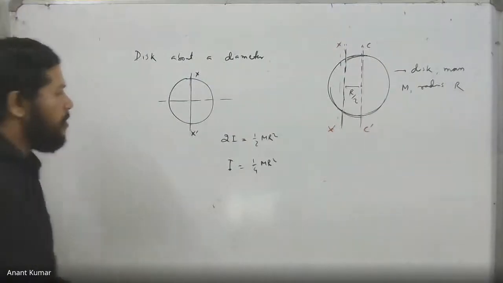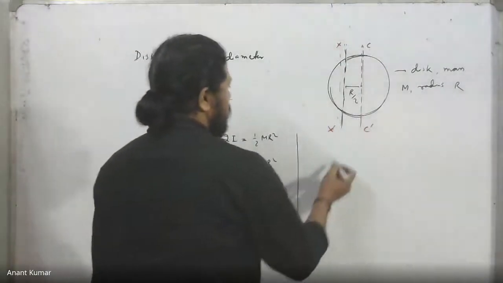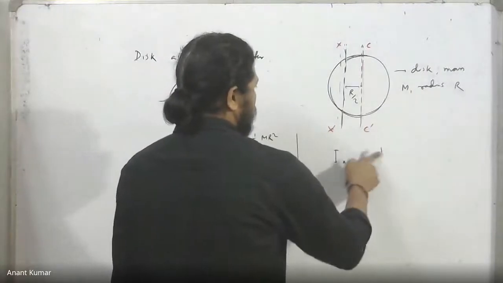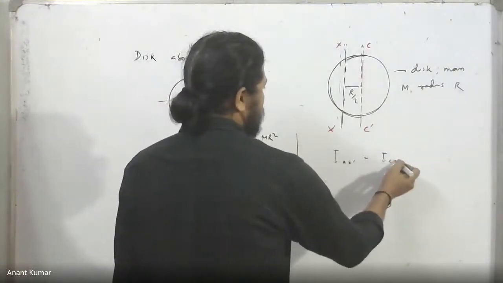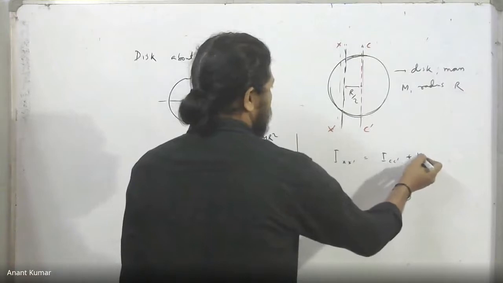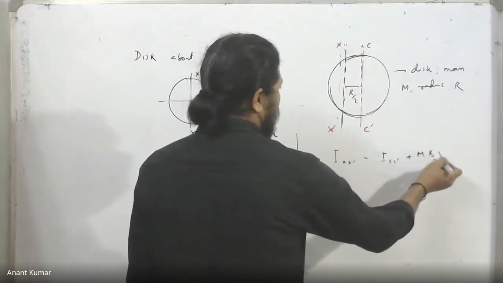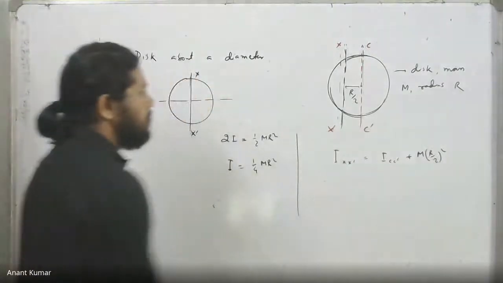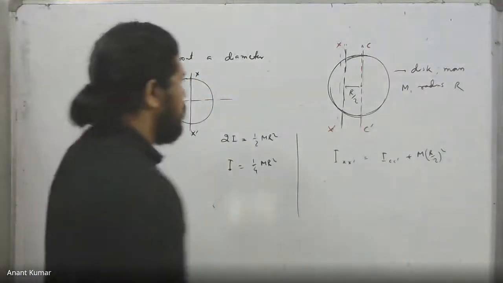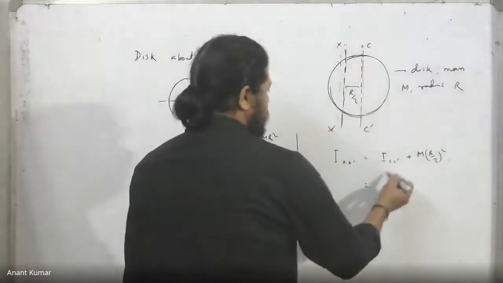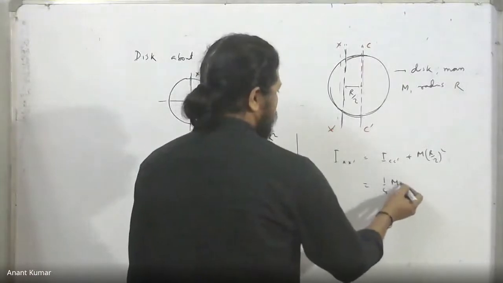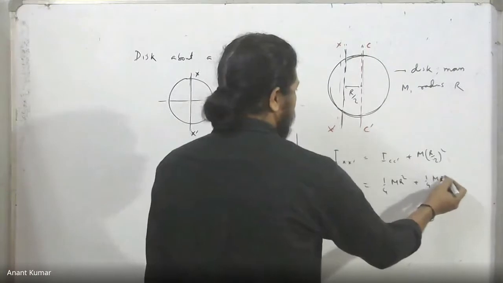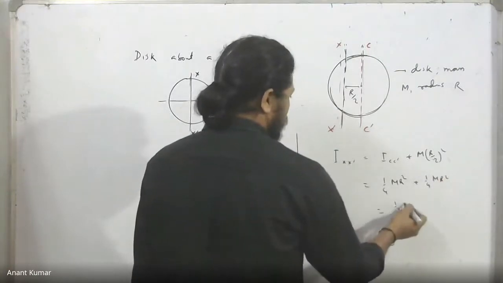So I can apply the parallel axis theorem to get I about XX prime equal to I about the CC prime axis plus the total mass of the disk times the distance of R by 2 from the axis squared. That will give us, about the central axis, 1 by 4 M R square, and this one becomes 1 by 4 M R square as well. It gives rise to half M R square.